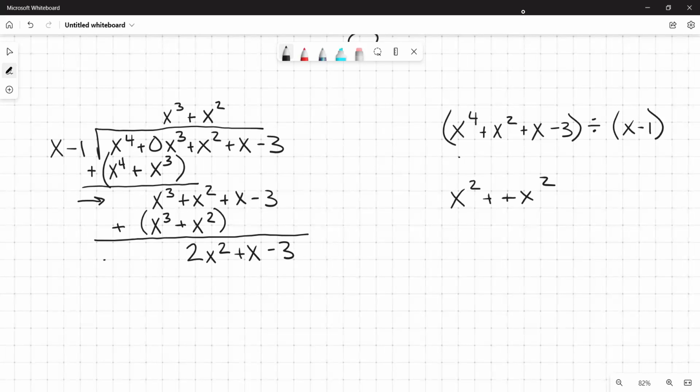So now we're dividing into this level. X goes into 2x squared, 2x. Divide through: 2x times x, 2x squared. 2x times negative 1, negative 2x.